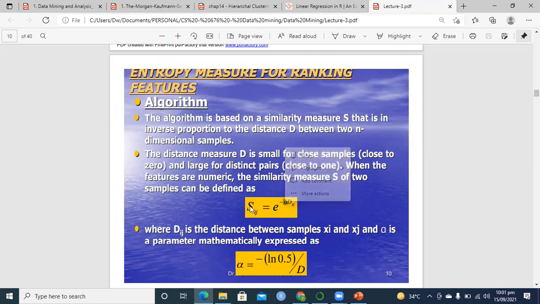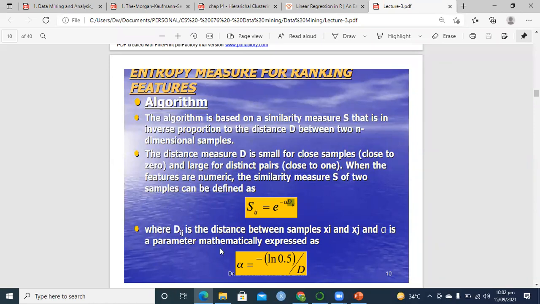And Sij: distance means how far one object is from the other object. If Dij means the distance between the ith and jth object, then Sij is the similarity between those two objects. So we can calculate the similarity by using the distance formula.